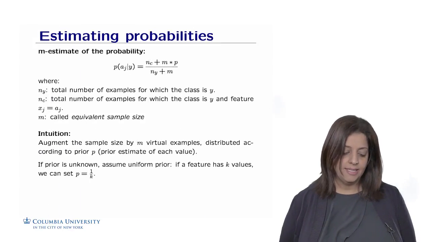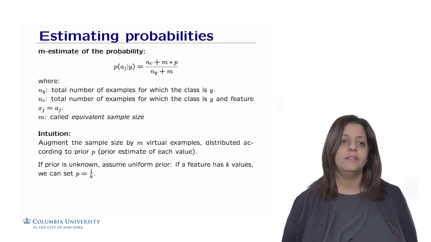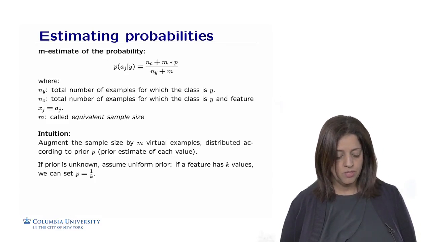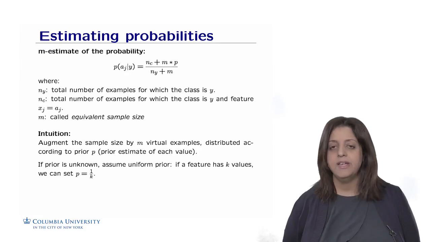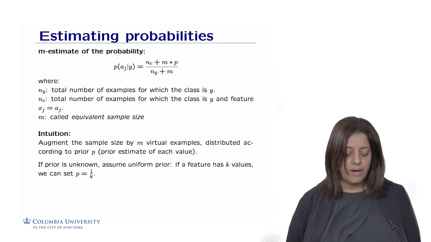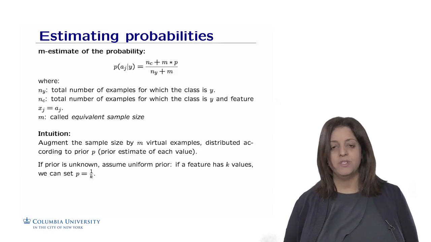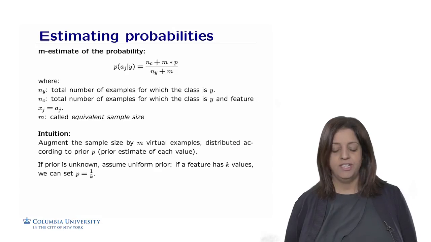So the intuition behind it is that we are going to augment the sample size by m virtual examples distributed according to some prior p, which is a prior estimate of each value. If the prior isn't known, we can assume a uniform prior, which means that if the feature has k values, we can set the probability to 1 over k, right?